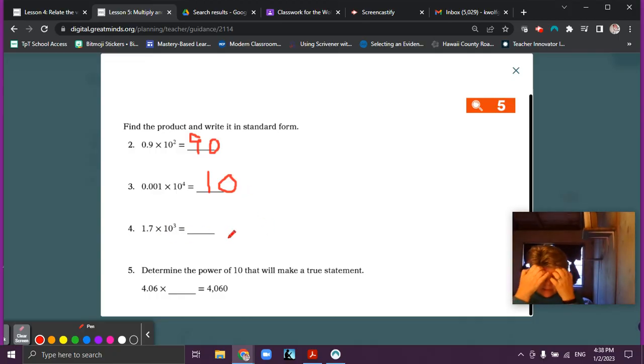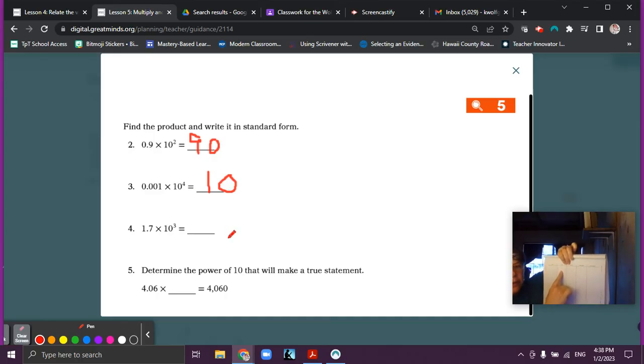Okay, you tried this one. 1 and 7 tenths times 10 to the third power. How many jumps? Okay, and I'm going to picture. I like to just picture one of the numbers, and I like to pick the first one. So I'm going to start with my 1, right? And I'm going to move my 1 3 times. Well, it's going to go off of this grid. So if you're using your place value chart, you might want to get one of the place value charts in the sleeve, or you just have to think tens to hundreds, hundreds to thousands, thousands to 10,000s.